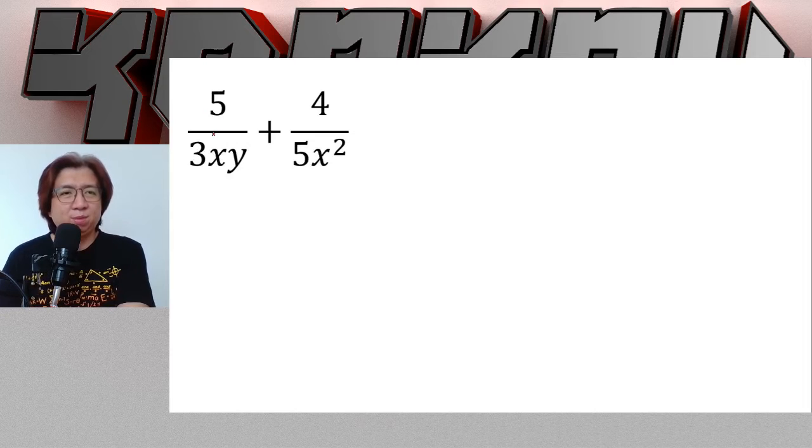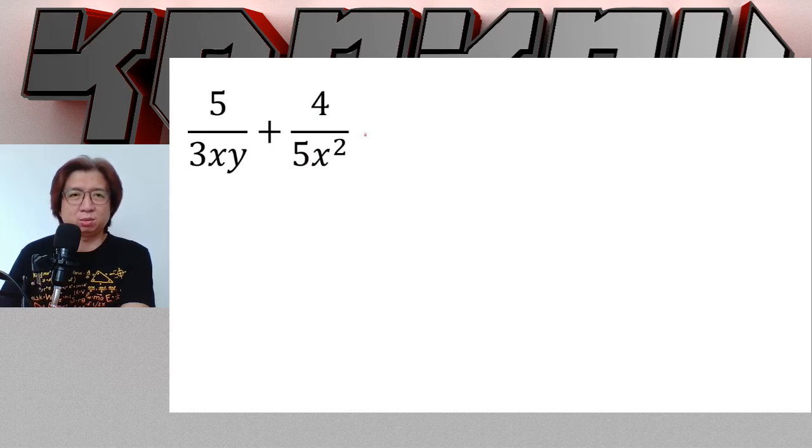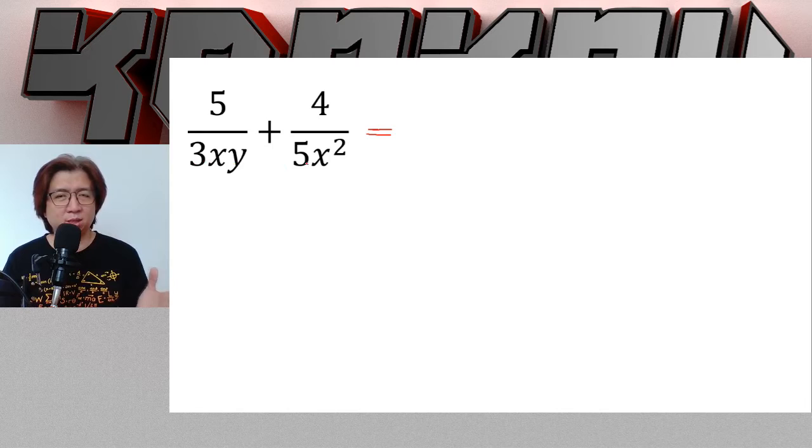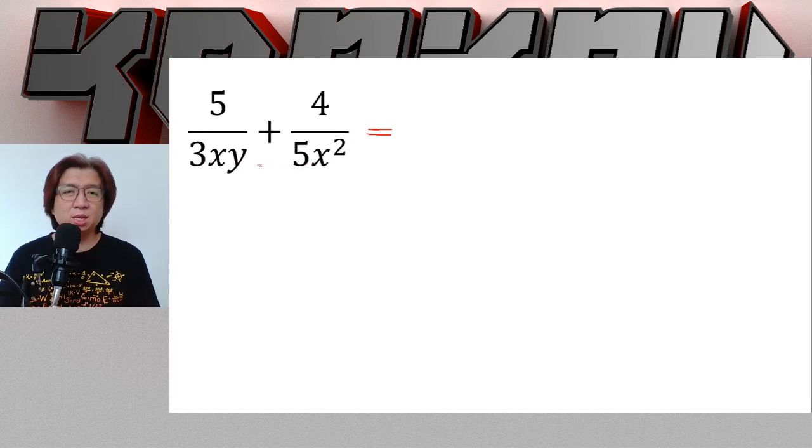Next one. So we have 5 over 3xy plus 4 over 5x squared. Okay, so what are we going to do to make it to have the same denominator, or to find the least common multiple? So we have 3 here and then we have 5. So the least common multiple, of course, is 15, right?